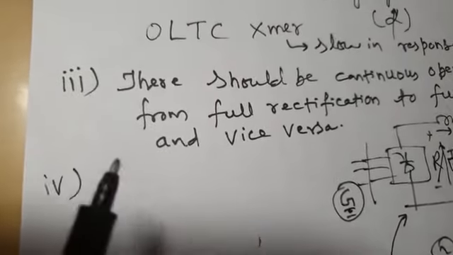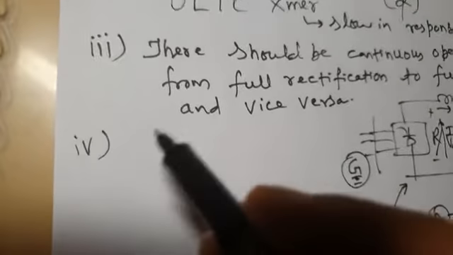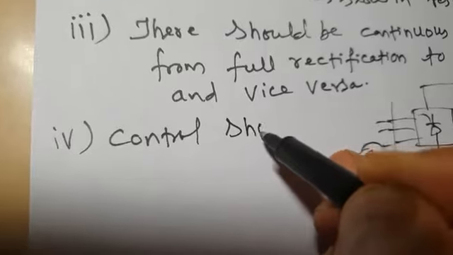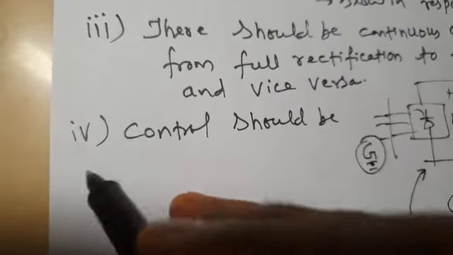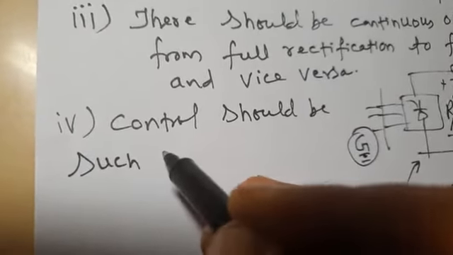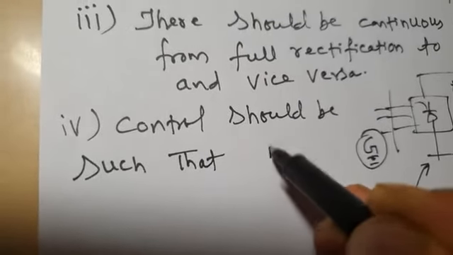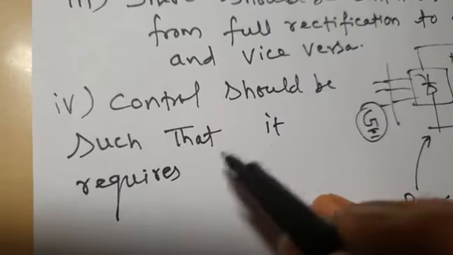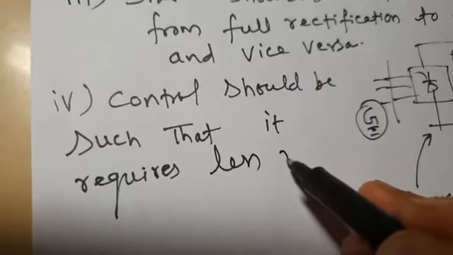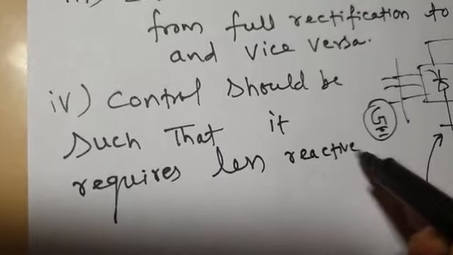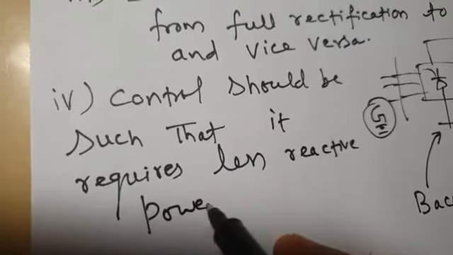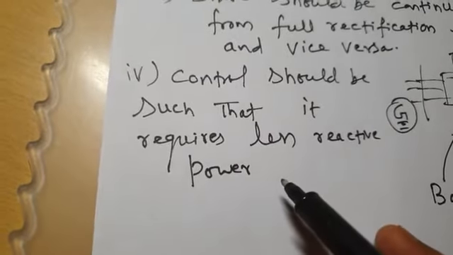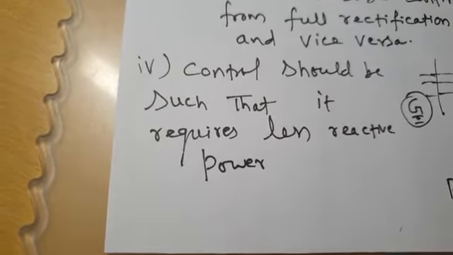Now the fourth is: control should be such that it requires less reactive power. The control action should be such that your HVDC system requires less reactive power.